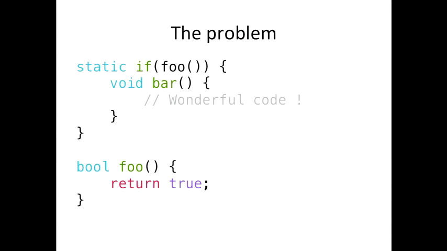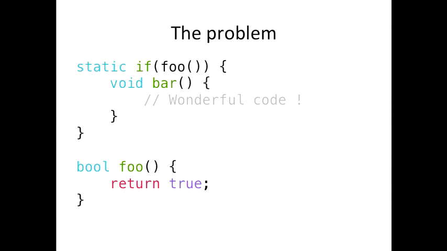Like you have 3, 4 passes, and then you emit some code. The problem is that you have to have completely analyzed foo to be able to do any CTFE, and you cannot even start to do anything with bar without having fully analyzed foo.